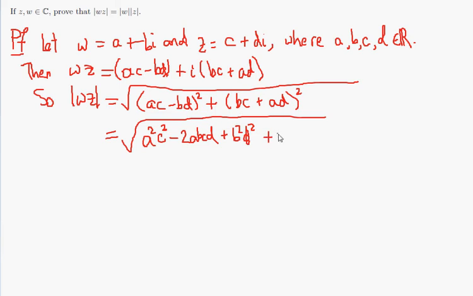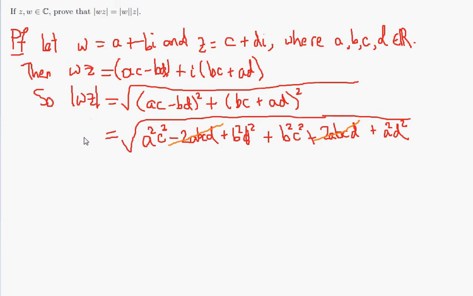Second part, when I square the second term out, I get b squared c squared plus 2 times, again, a, b, c, d plus a squared d squared. Now clearly the cross terms are going to cancel out.